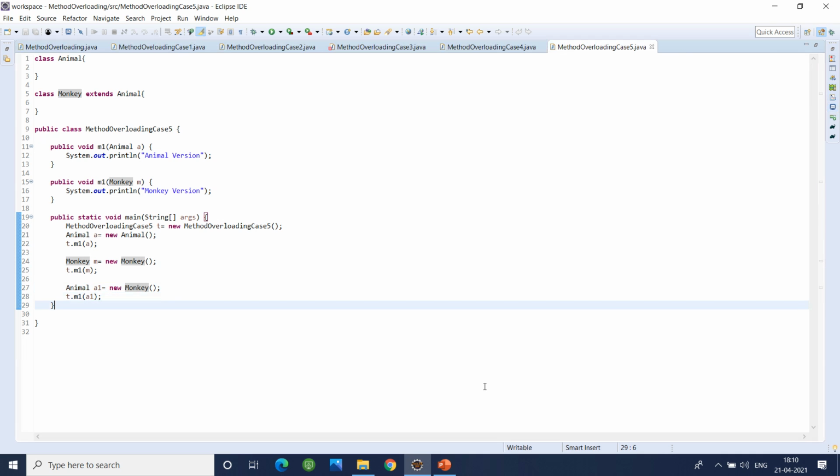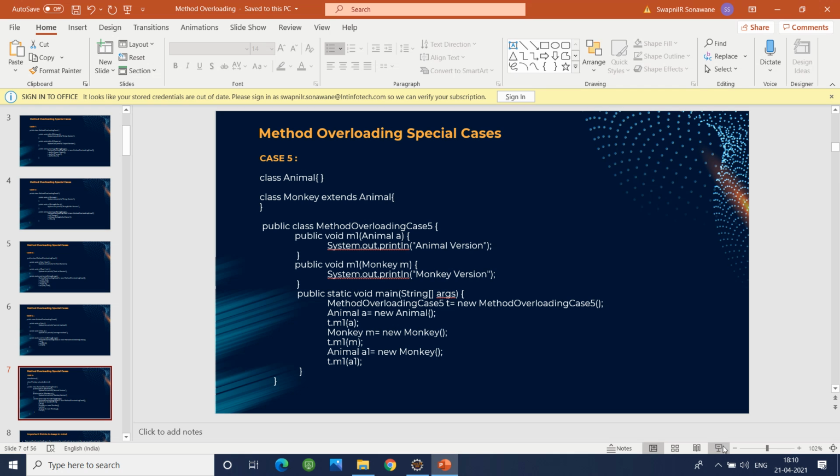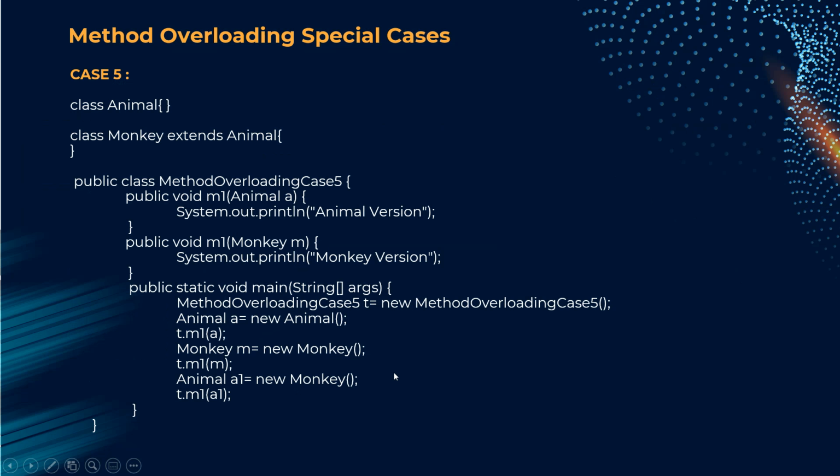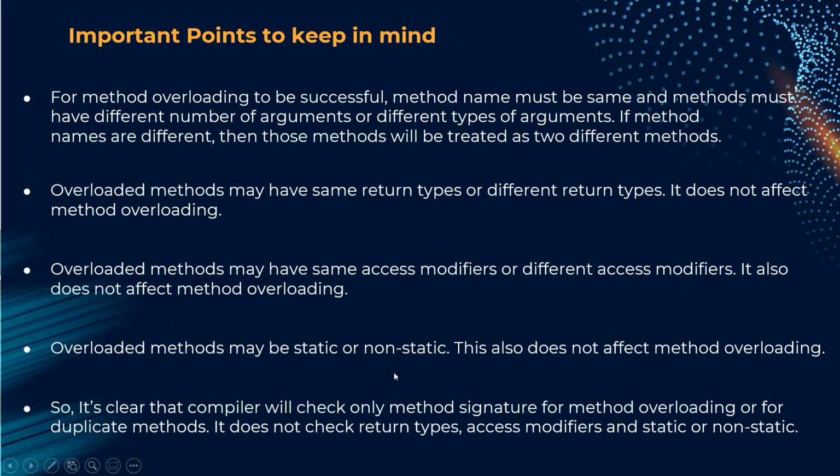So these are some basics and special cases regarding method overloading, and some important points we need to keep in mind for valid method overloading. For method overloading to be successful, the method name must be the same and the methods must have a different number of parameters or different types of parameters.